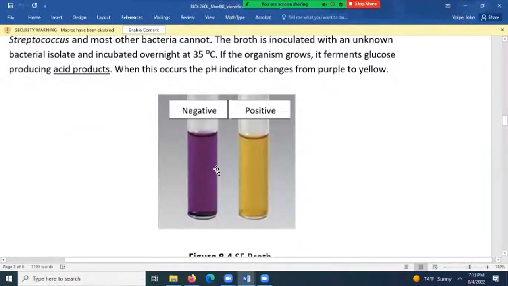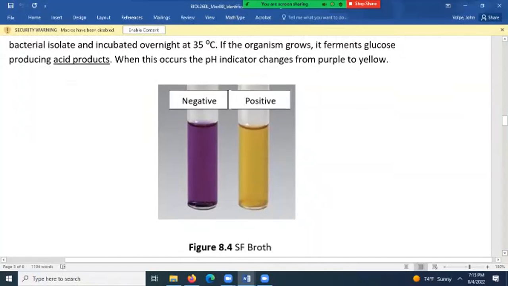And if the bacteria are negative, they cannot produce acid products when growing in the SF broth, then it will be purple in color or negative. On the other hand, if the bacteria can ferment the glucose, then they produce acids and it will turn yellow in color, and that is positive for the SF broth test.